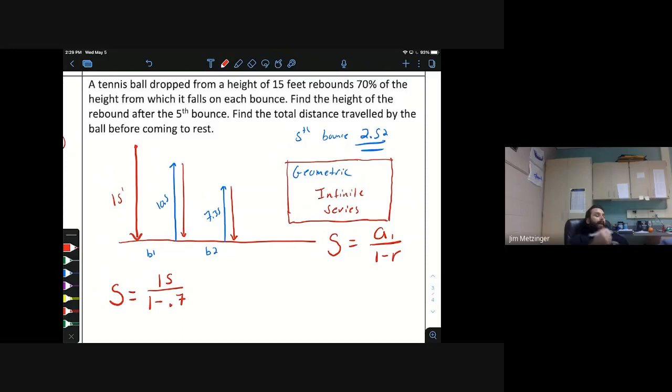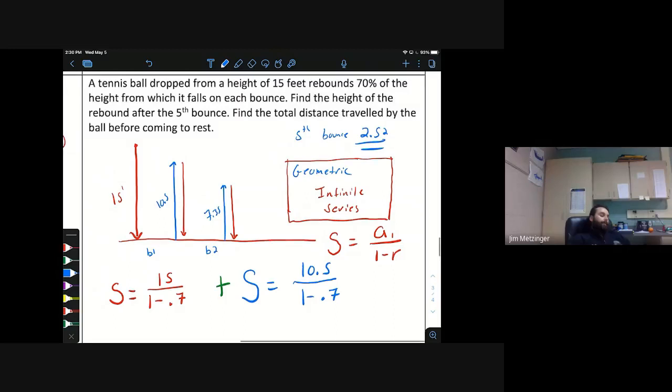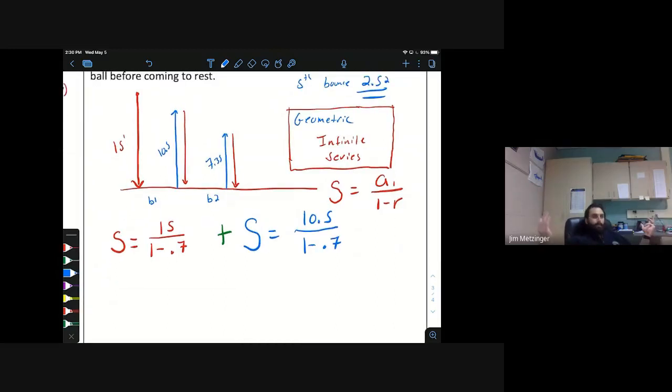That's going to give me how far the ball fell in total. Then I need to add to it the sum of all of my rebounds, where my first rebound height was 10.5 feet, and then I go over 1 minus r again. So add those two fractions together, and that'll tell me how far this tennis ball traveled in total from start to finish.